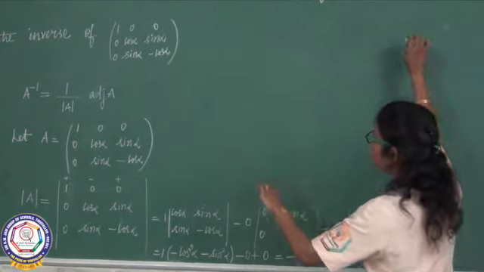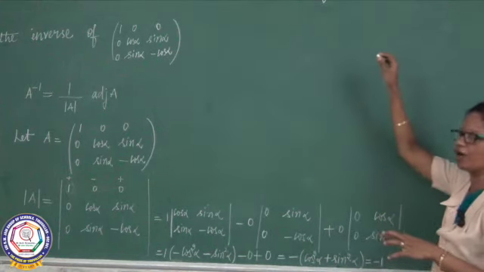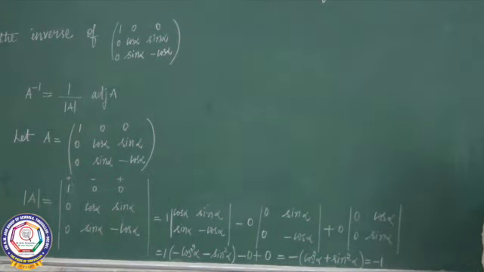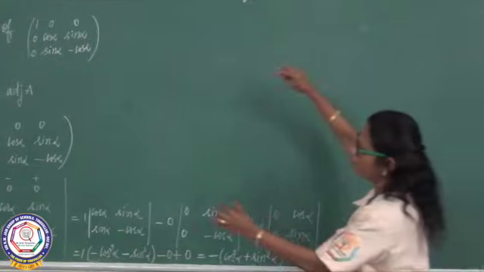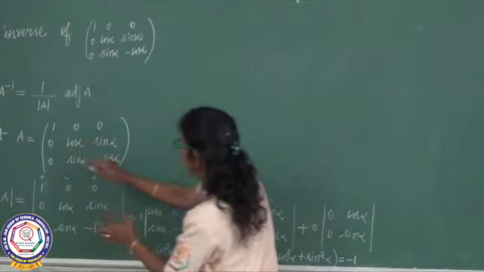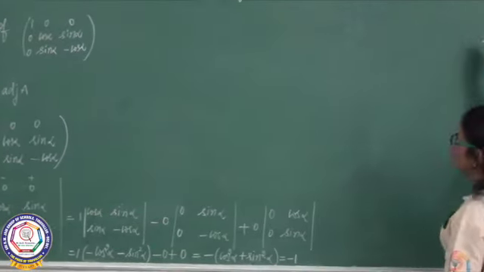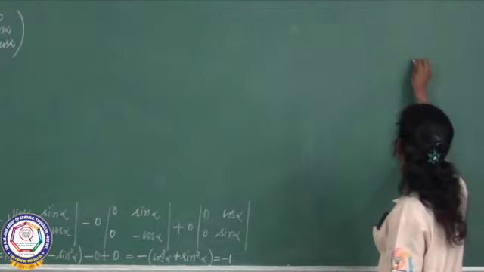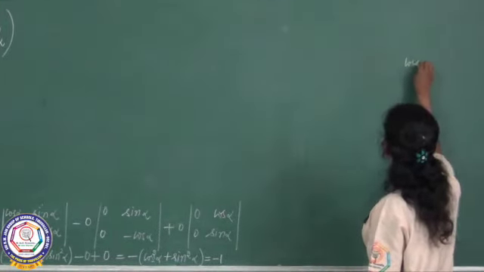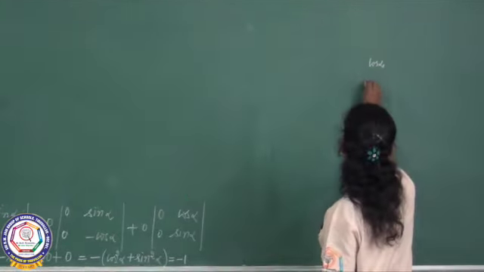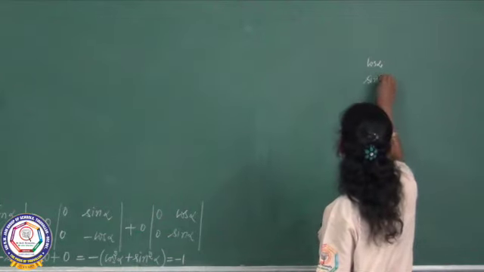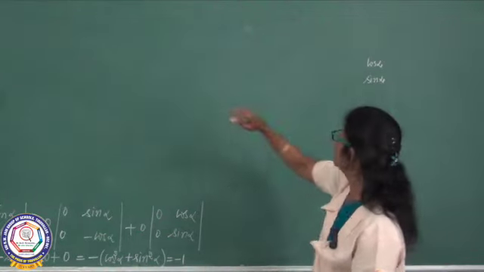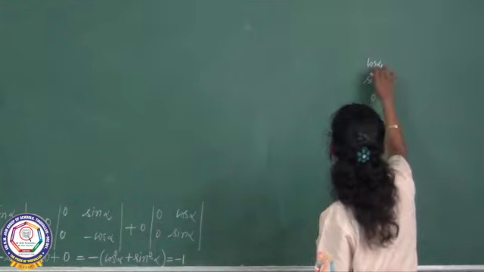Before finding the adjoint of A, we need the cofactor. For that purpose, as I told you, select the middle element cos alpha and write it on the right side of the margin. Cos alpha, below cos alpha is sin alpha, above cos alpha the element is 0, then repeat the same.